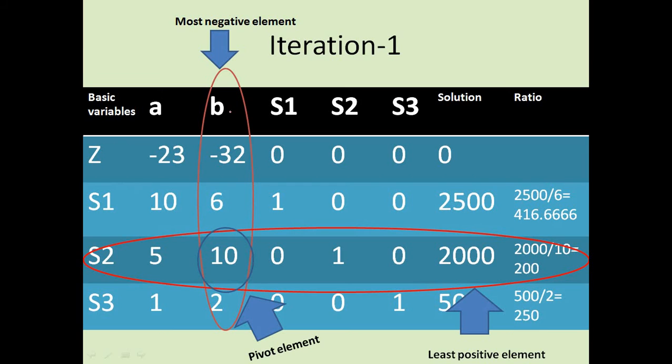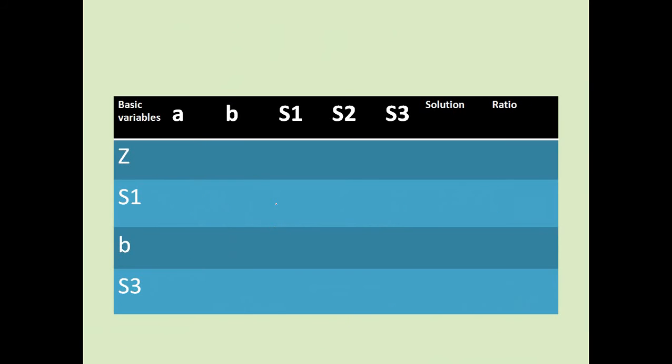I have marked this column and this row, and I've only got two values, which are a and b. There are no s1 or s2 or s3 values. The slack variables are introduced by me, and that's the reason I'm going to replace b with this one, s2. So that's why I've replaced this b with this here.